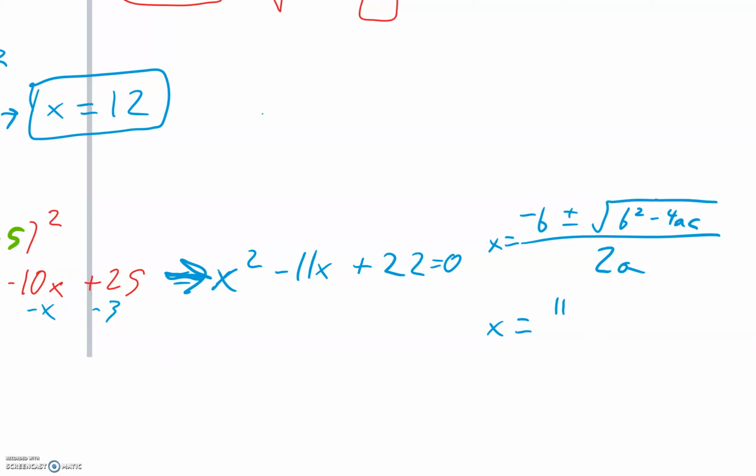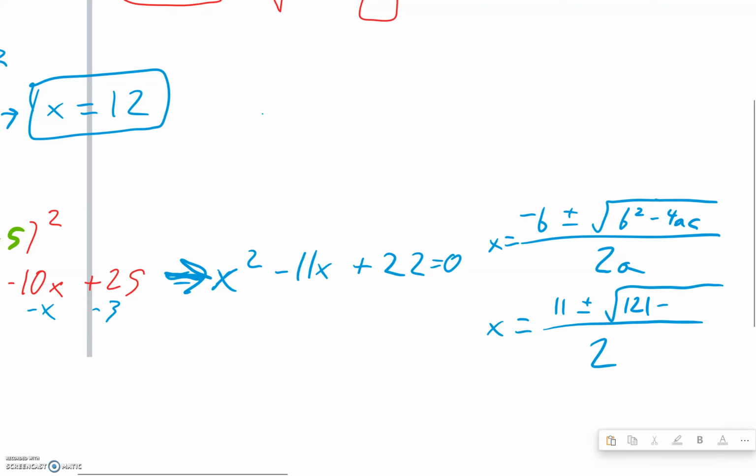So that's 11 plus or minus, 2 times 1 is just 2. Square root of 11 squared is 121 minus 4a. A is just 1, so that doesn't matter. C is 22, so that's going to be a really big number. So 4 times 22, so that's 88.